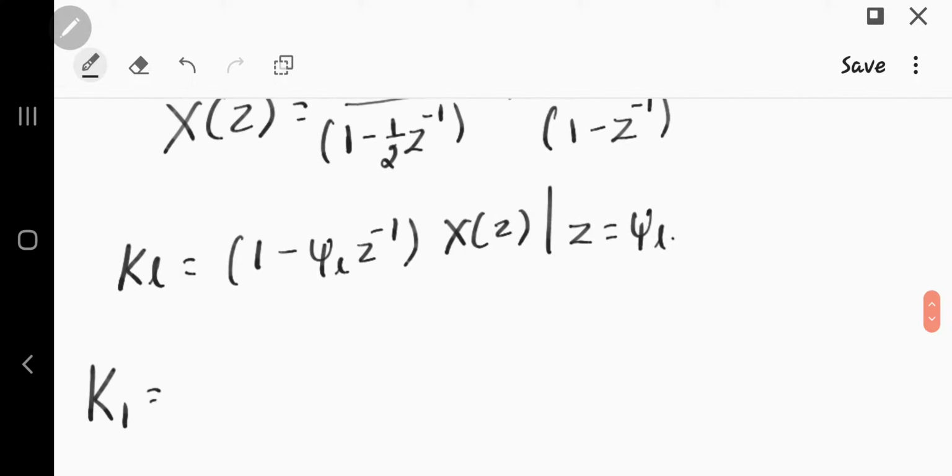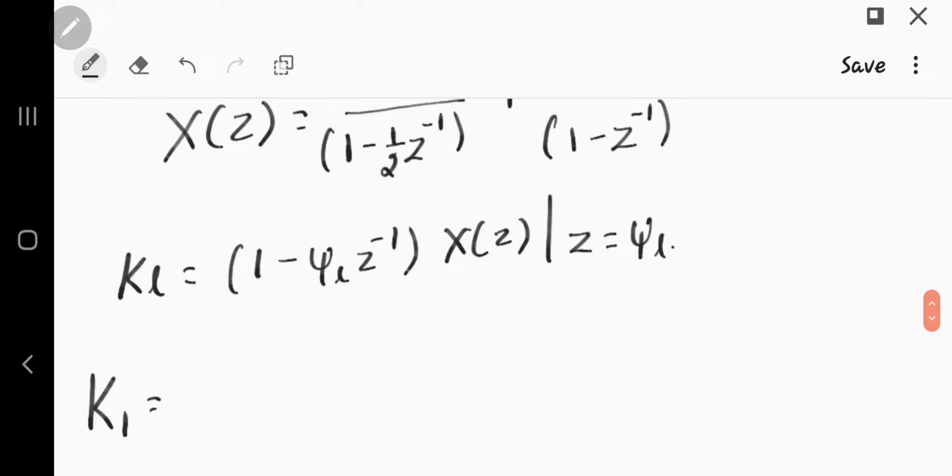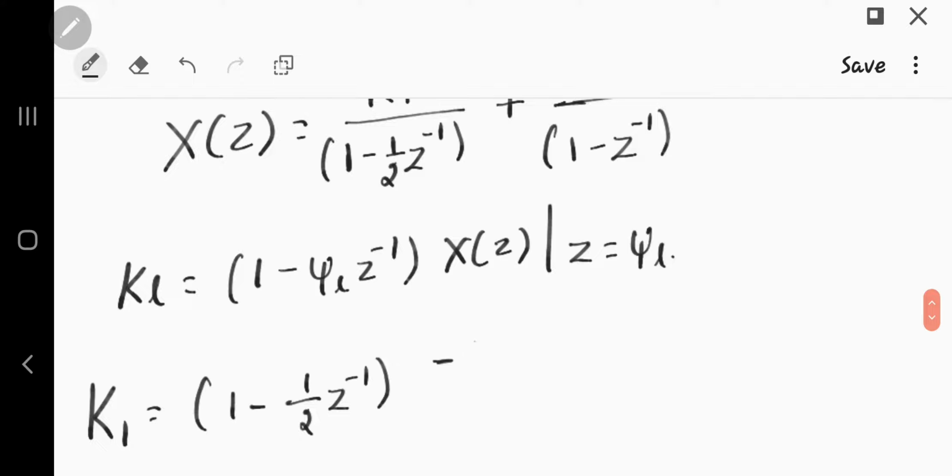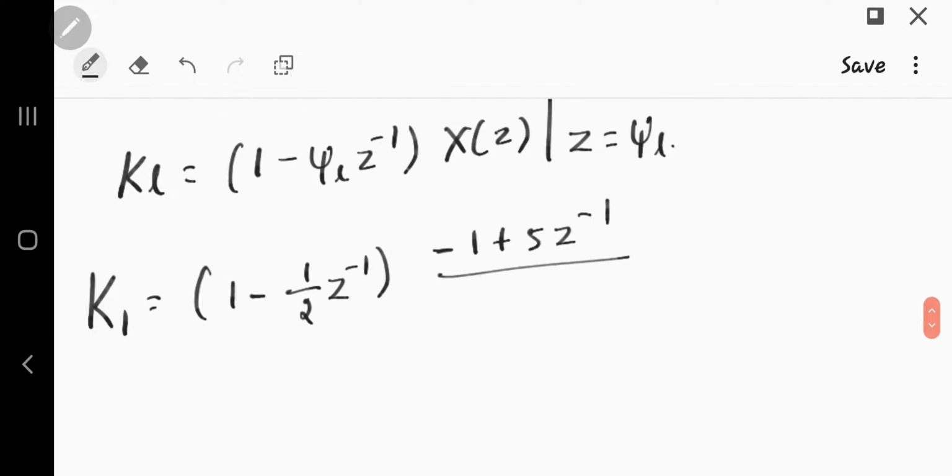Now based on this, we can find k1 is equal to, now what is the denominator of k1? We have 1 minus 1 by 2 z inverse into X of z. So just write this X of z here, minus 1 plus 5 z inverse divided by 1 minus 1 by 2 z inverse and 1 minus z inverse.